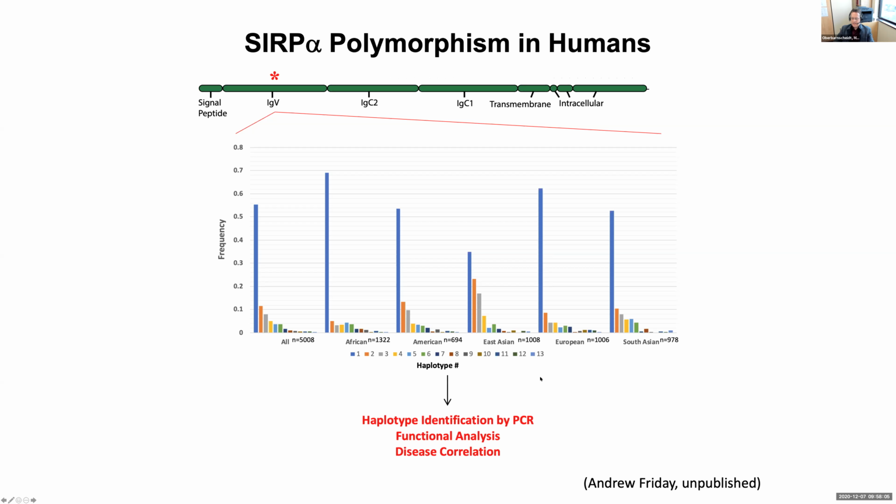These haplotypes we can identify by PCR, and we can do functional analysis and potentially disease correlation. And we're studying this in healthy populations, as well as kidney transplant recipients and bone marrow transplant recipients. But this is all I can tell you about this, as I don't have any further results at this point to show to you.